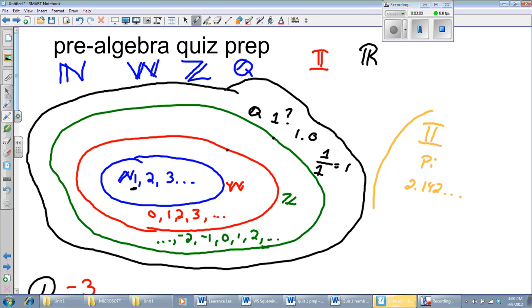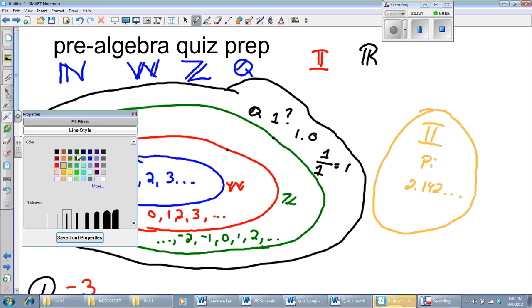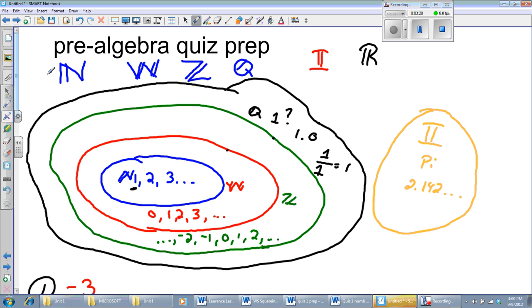Those are the irrationals. Your experience tells you there are more of the naturals, wholes, integers, and rationals, but if you take high enough level math down the road someday, you'll see that there are more irrationals than rationals. Your experience tells you otherwise.